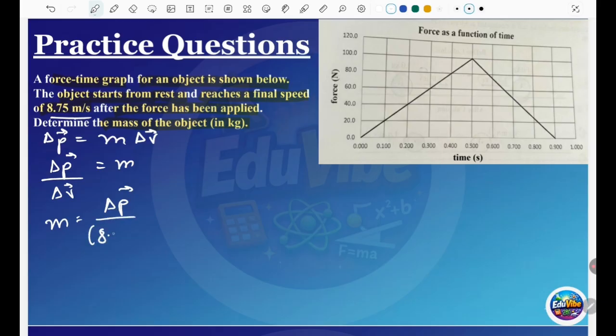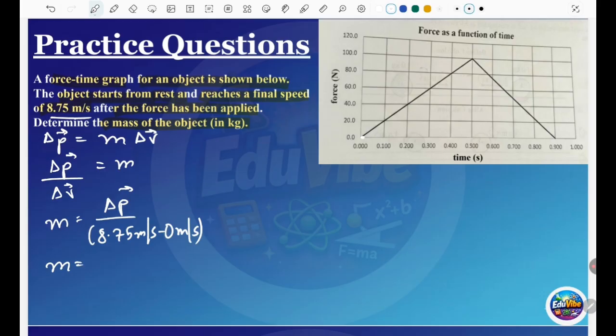You have your Vf, which is 8.75 meters per second, minus Vi. You can see your force graph starts from 0, so your Vi is also 0, since the object goes from rest. But for calculating the whole thing, you want the delta P.